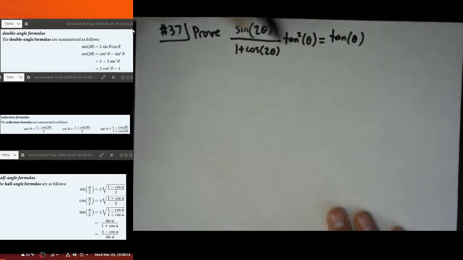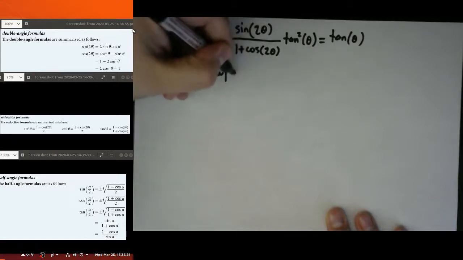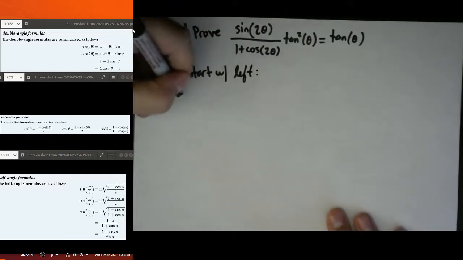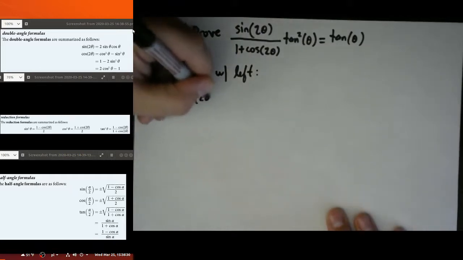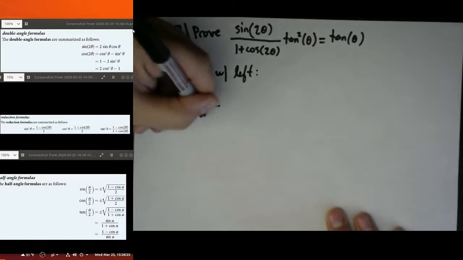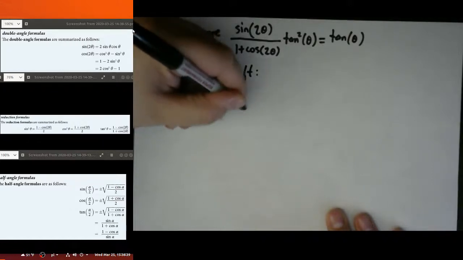Now, I think there's probably no disagreement in this case that the left side is much more complicated. So we'll start there. And remember, with identities, you always start with one of the sides and arrive at the other. So we get sine of 2 theta over 1 plus cosine of 2 theta times tangent squared of theta.